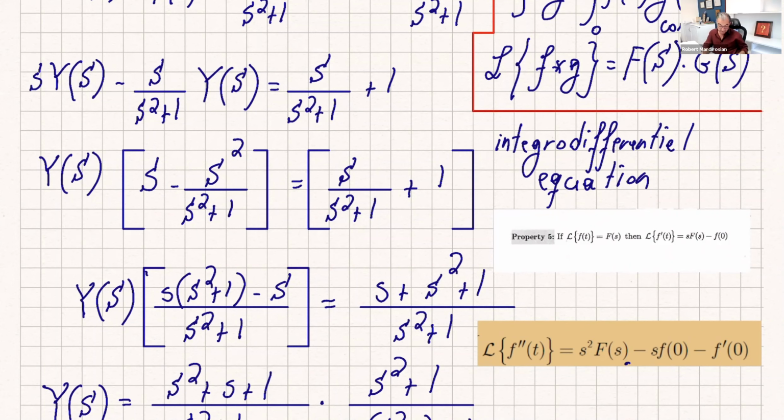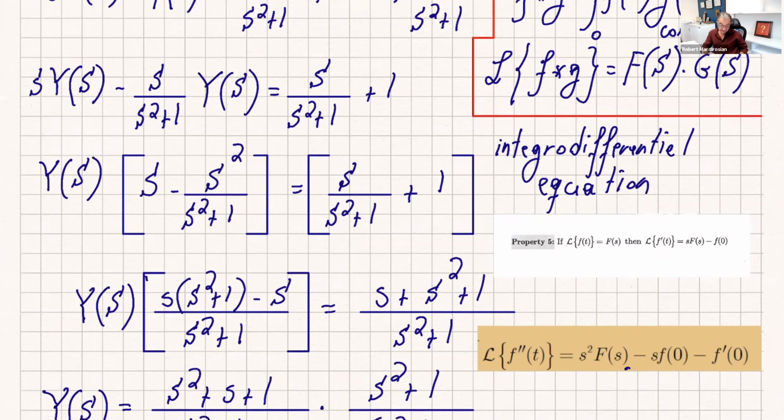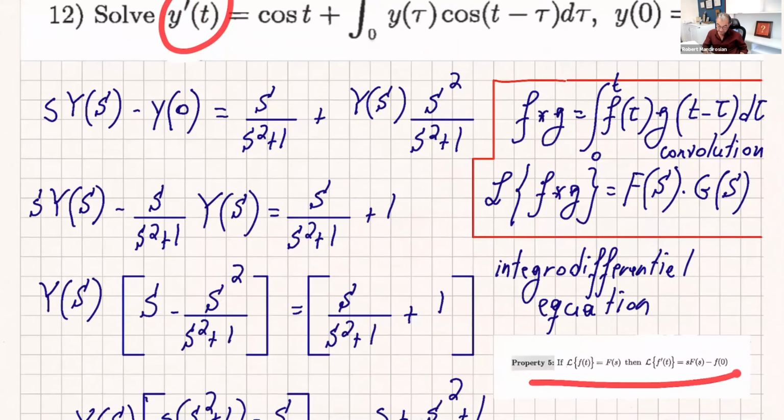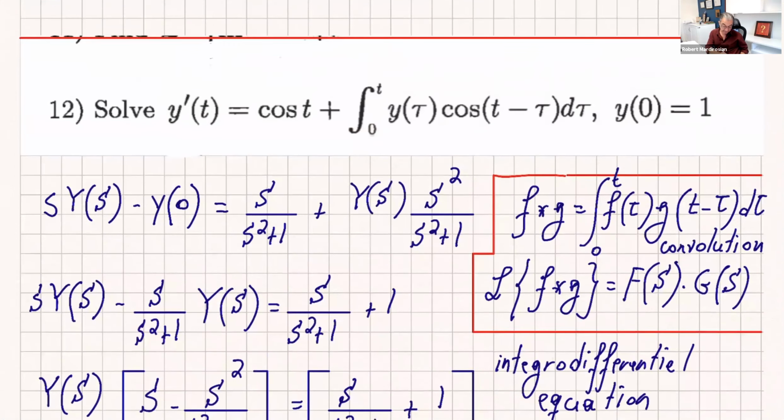So now let's see how we can write this. Y prime of t, by using this property, can be written as s times Y of s minus y of 0, and that's what I did here, equals, again, the Laplace of cosine t, which is s divided by s squared plus 1. Make sure to check the lecture.